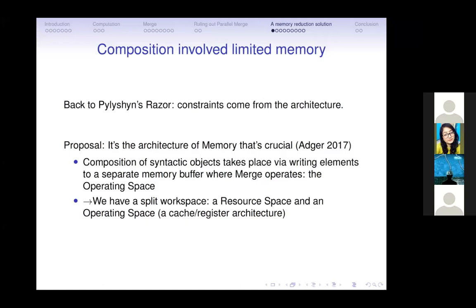That means there's a memory associated with the operations, okay? And my argument here, and I'll just briefly take you through it, is that it's the architecture of that memory that's crucial. So this is a paper I wrote horrifically four years ago now that I never did very much with. I just kind of put it on Lingbuzz and then I became dean and wrote Language Unlimited, which is much more accessible than this talk, let me tell you.